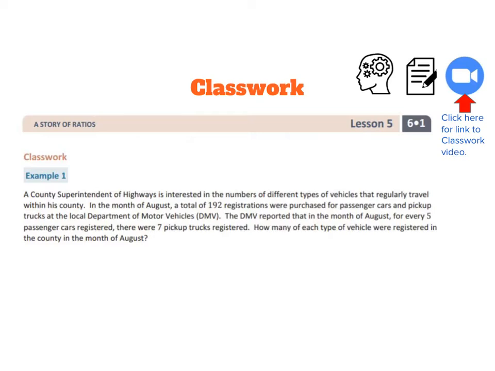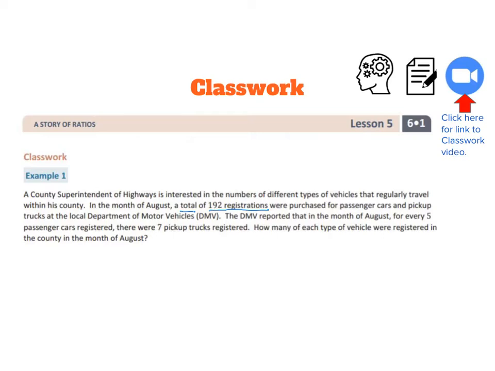It says, a county superintendent of highways is interested in the numbers of different types of vehicles that regularly travel within his county. In the month of August, there was a total of 192. I'm just going to do some underlining. A total of 192 registrations were purchased for passenger cars and pickup trucks at the local DMV, Department of Motor Vehicles.